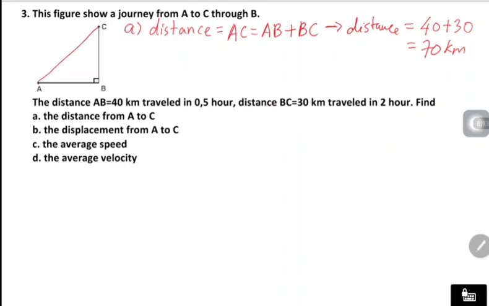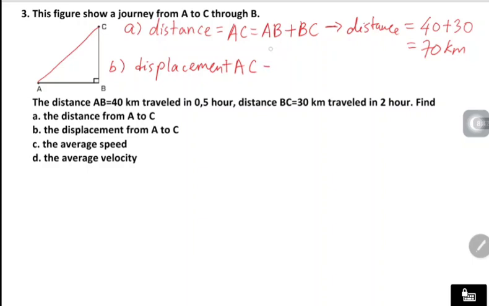So the line AC is the displacement. We see the displacement AC is the hypotenuse side of triangle ABC.